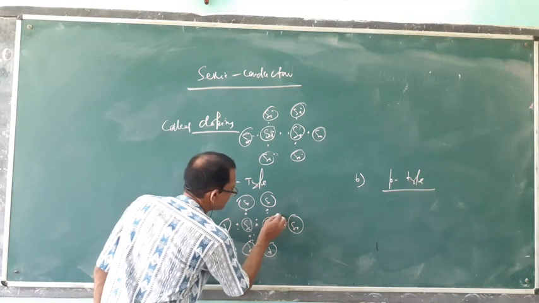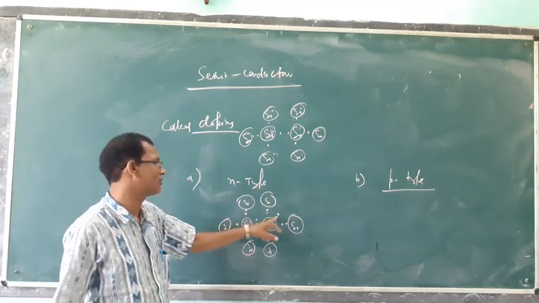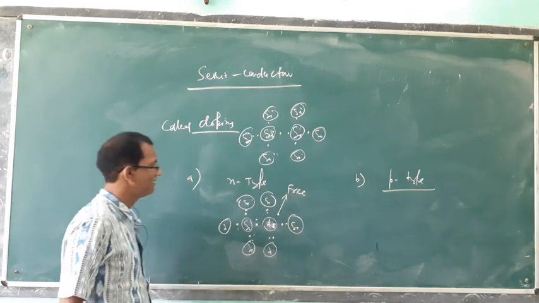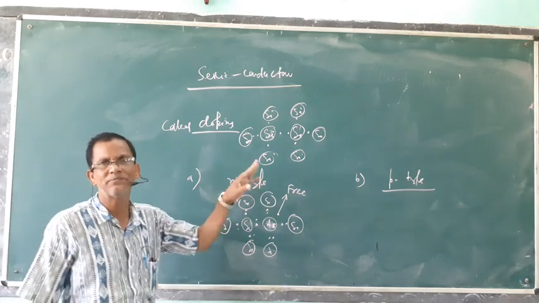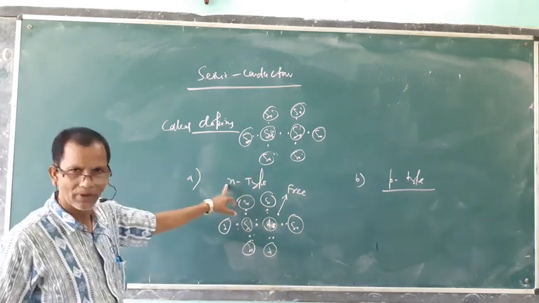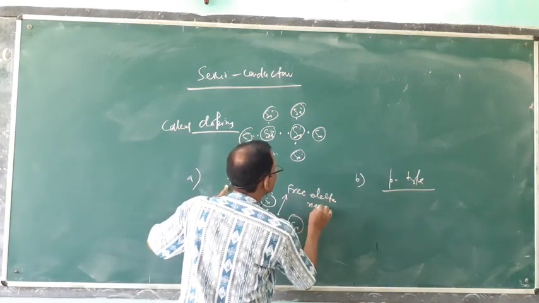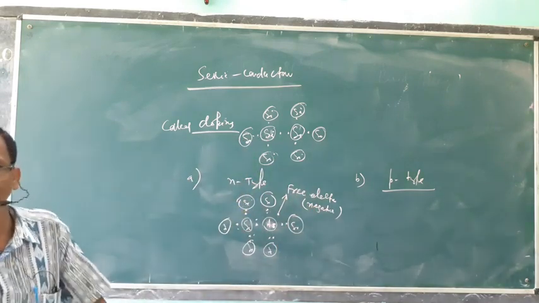Then 1 electron remains as a free electron. This free electron is negative charge, that's why it is called N-type semiconductor. N means negative.